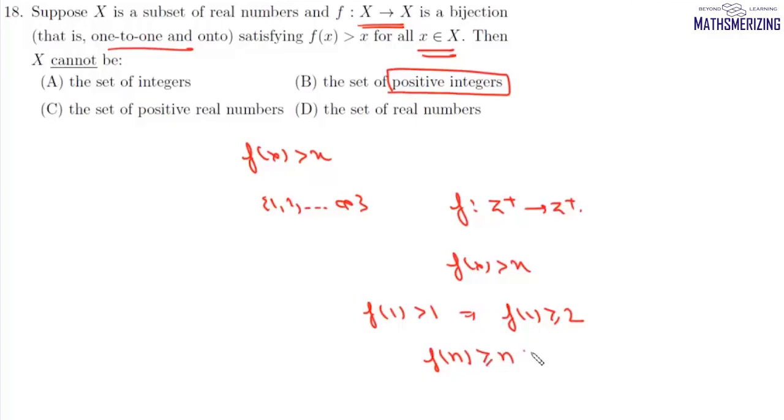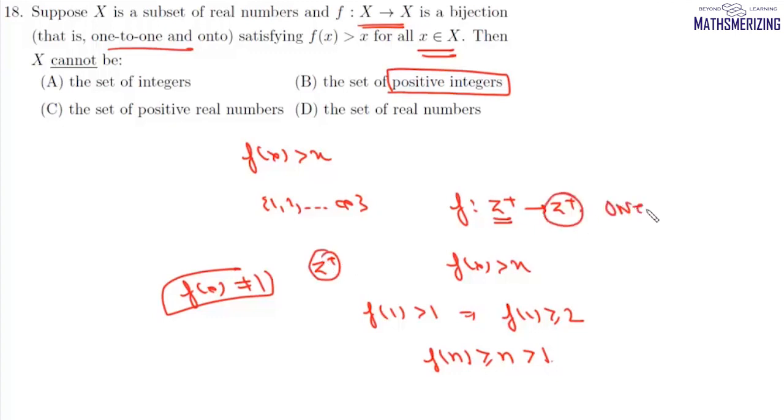That is, this value is always greater than 1. So when we define this function from Z positive to Z positive, this function f(x) cannot take the value 1. And if it cannot take the value 1, then its range cannot be Z positive. So in that case, this function won't be an onto function. So this X cannot be the set of positive integers, and that's your option B.